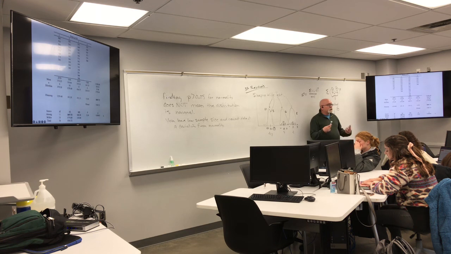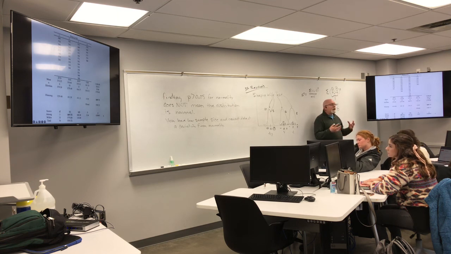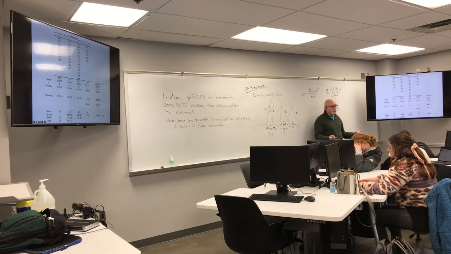Sample size is important because sample sizes that are low could be non-representative, and they could be non-representative in ways that make means look like they're not different, and low sample sizes could also be non-representative in ways that make it look like things are different. So sample size is important. You should always be thinking about sample size.